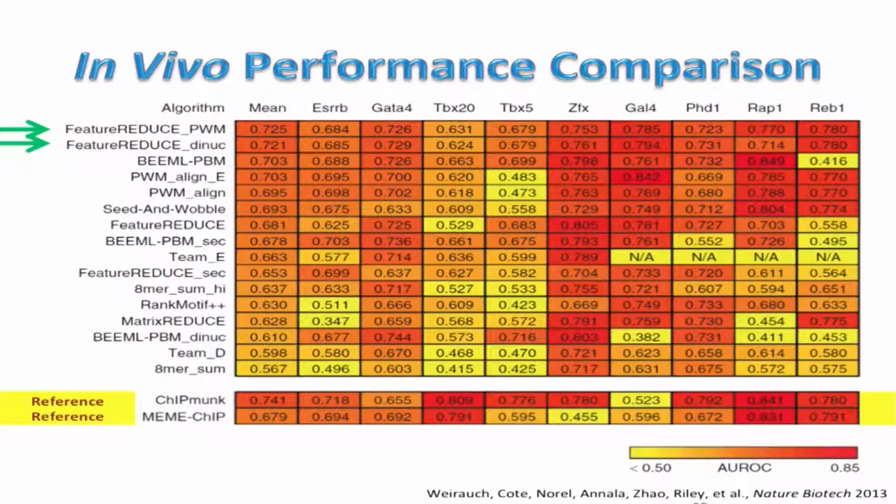There are different theories as to why that is. One is the sensitivity of this comparison: how many ChIP-seq peaks do they look at? But I'm going to show you in the next couple of slides the analysis we do to show that our dinucleotide models are better than our positional independence models for a lot of proteins.